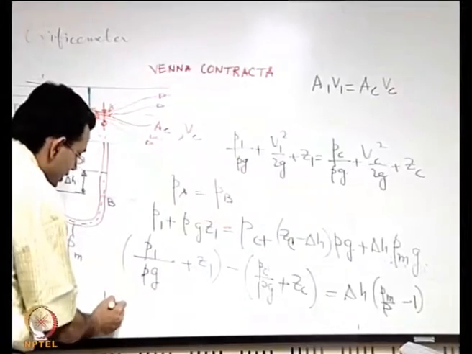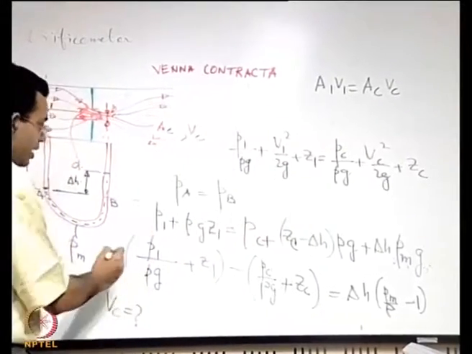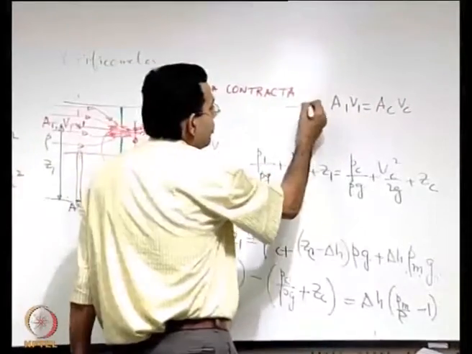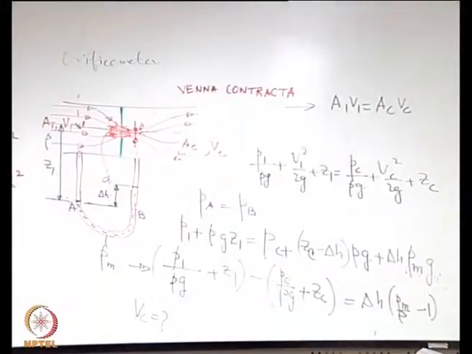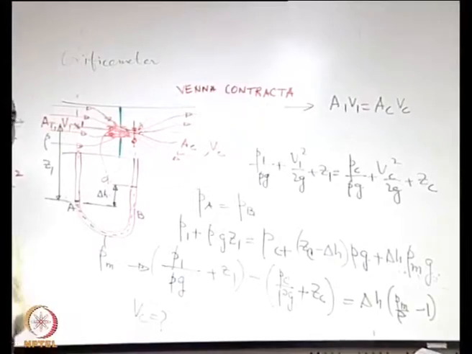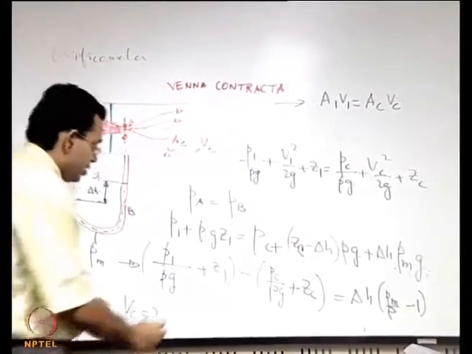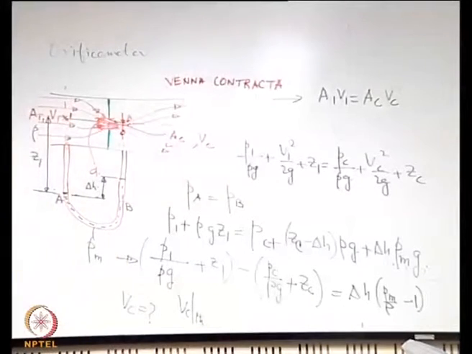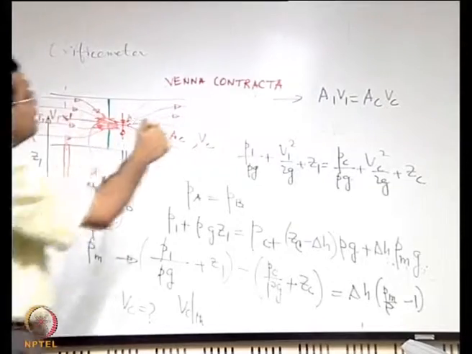You will get Vc by combining this manometric equation and A1 V1 equal to AC Vc. But when you get this Vc, let us call it Vc theoretical, because again we have used the theoretical equation. This assumes that you know the area of cross section of the vena contracta, which you actually do not know.